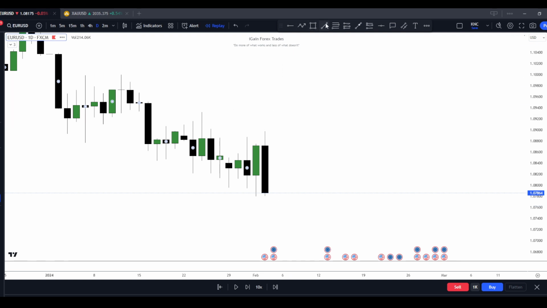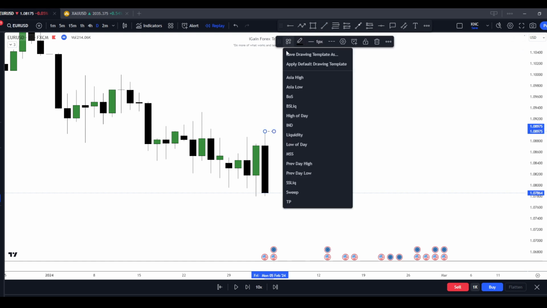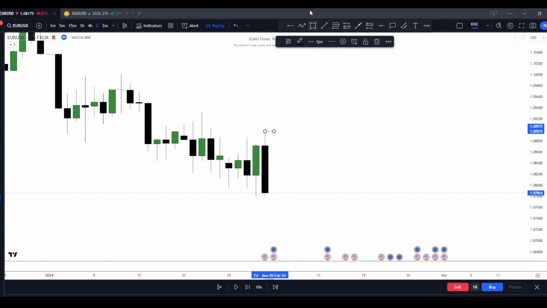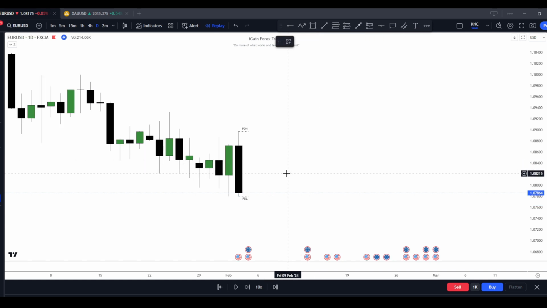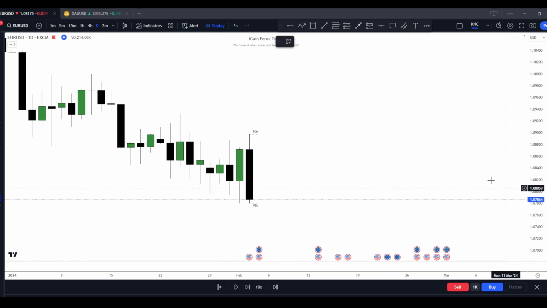Okay, so first thing, we mark our previous day high and low. So this is the previous day high and this is the previous day low. Now we go down to 15-minute time frame so that we could see what will happen on the Asia session.